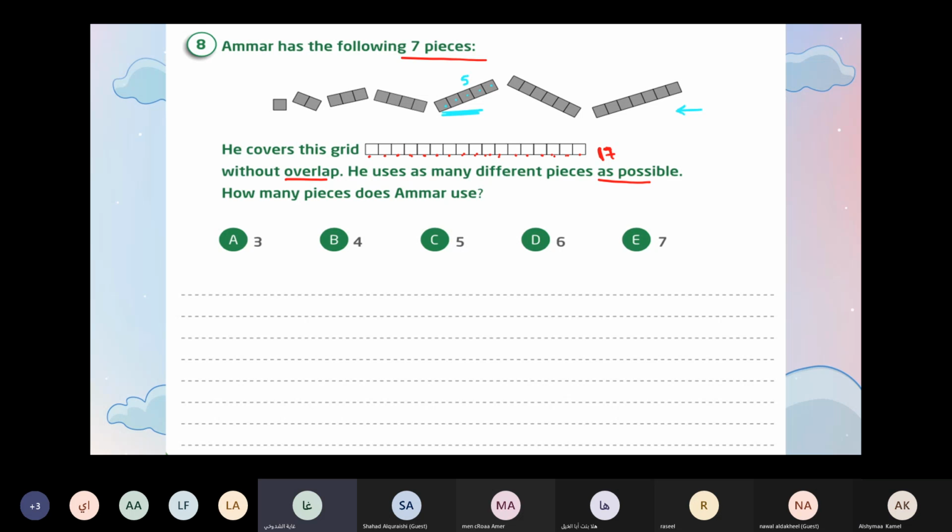And from the left side, the first one and the second one. Okay. I need to have 17. And the third one. So you choose 1, 2, 3. 3 plus 3, 6. 6 plus 5, 11. We didn't finish 17.